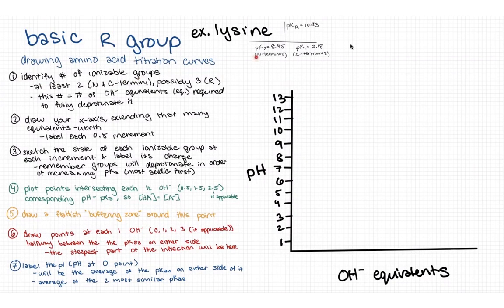We're going to have our N-terminus, which has a pKa of 8.95, our C-terminus, which has a pKa of 2.18, and our R group, which has a pKa of 10.53. So we're going to need 3 NaOH equivalents, and we can write our x-axis going out to 3 OH minus equivalents.